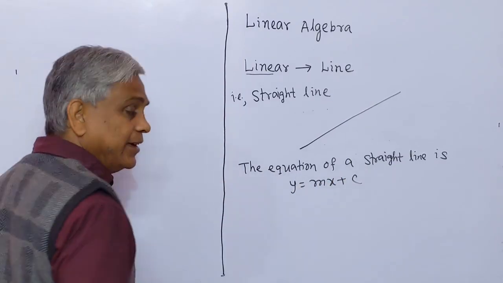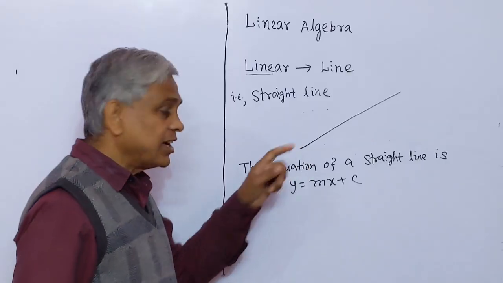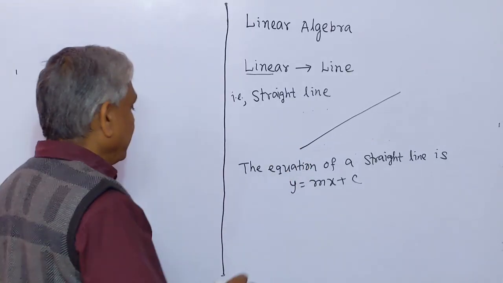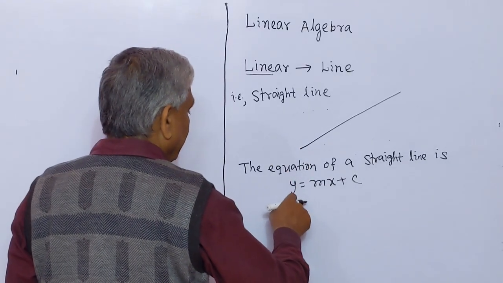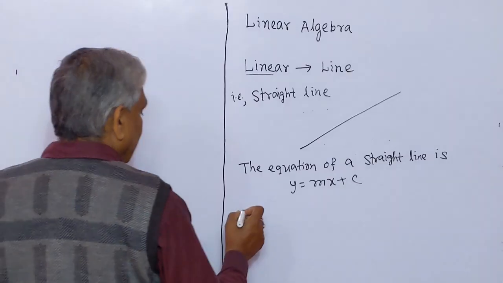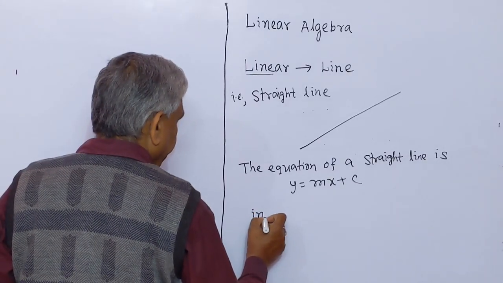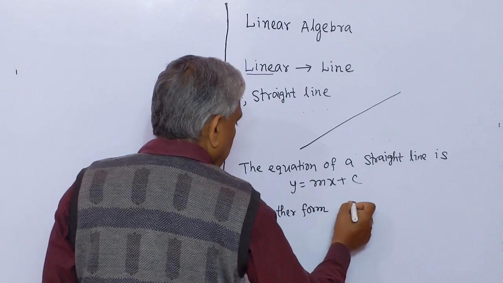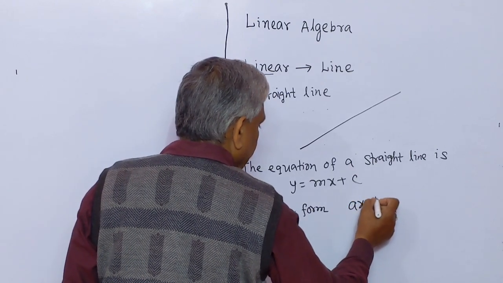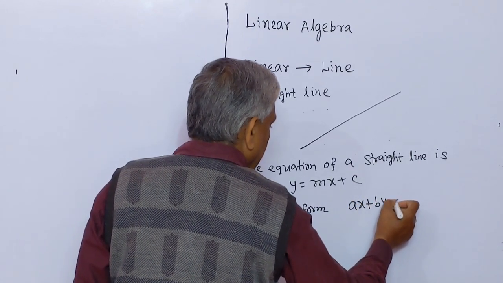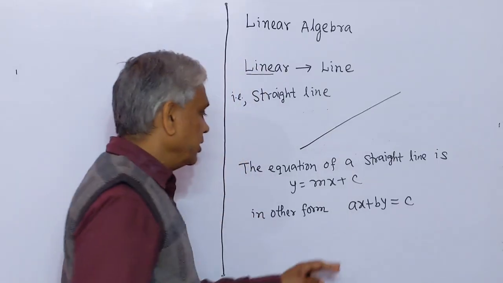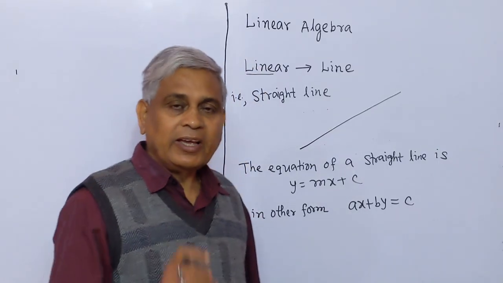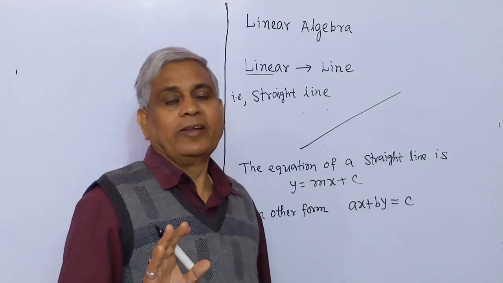M is the gradient of the straight line, and here the variables are x and y. In another form, ax plus by equal to c. This is the equation of the straight line.